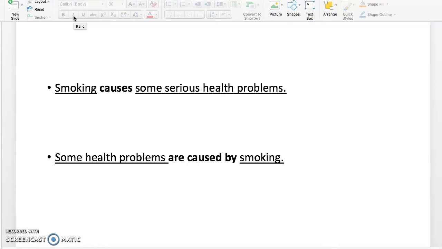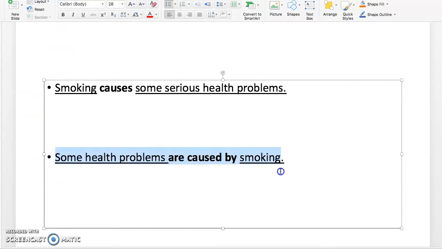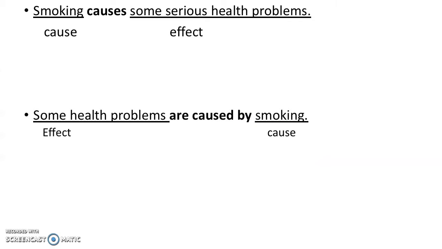Let's have a look at these 2 sentences here. Smoking causes some serious health problems. Some health problems are caused by smoking. In these 2 sentences, look at the underlined parts and just think, which underlined part is the cause? Which underlined part is the effect? Yes.